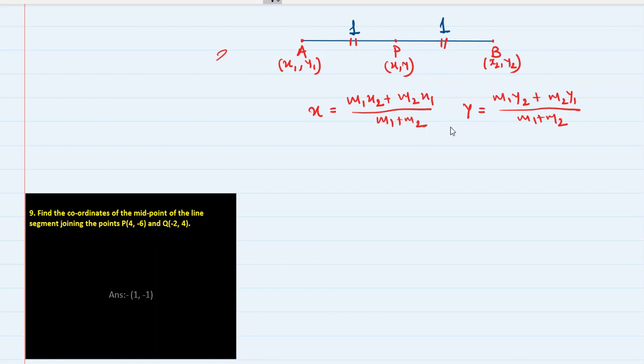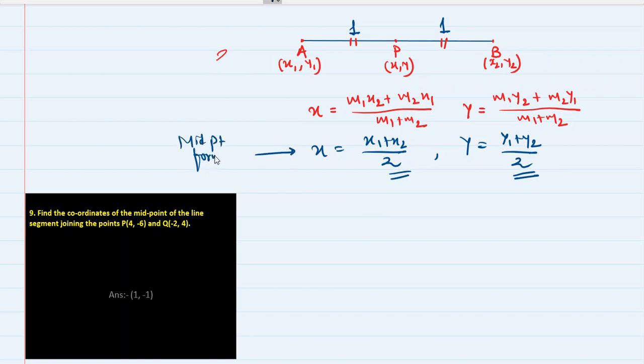So wherever there is M1 and M2, you have to replace it by 1. Okay, so your point X would become x1 plus x2 by 2. Point Y would become y1 plus y2 by 2. You see how easy the formula becomes? This is known as midpoint formula.